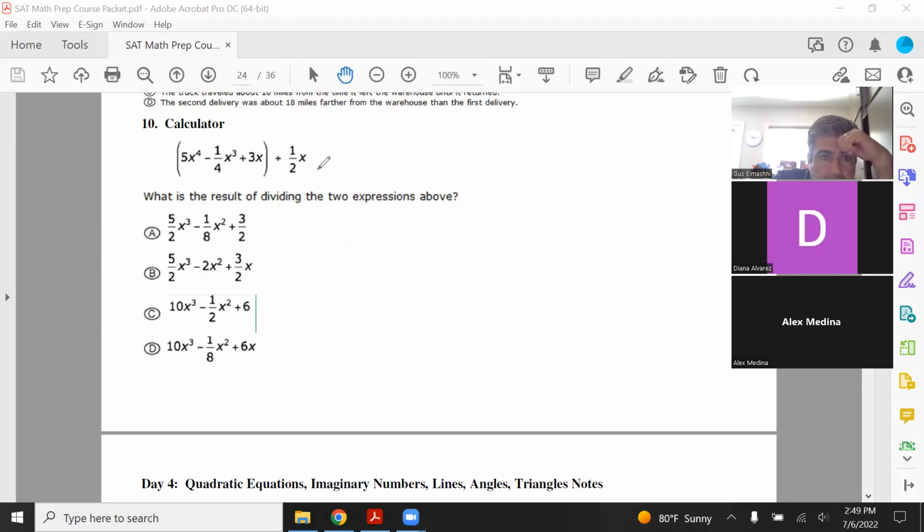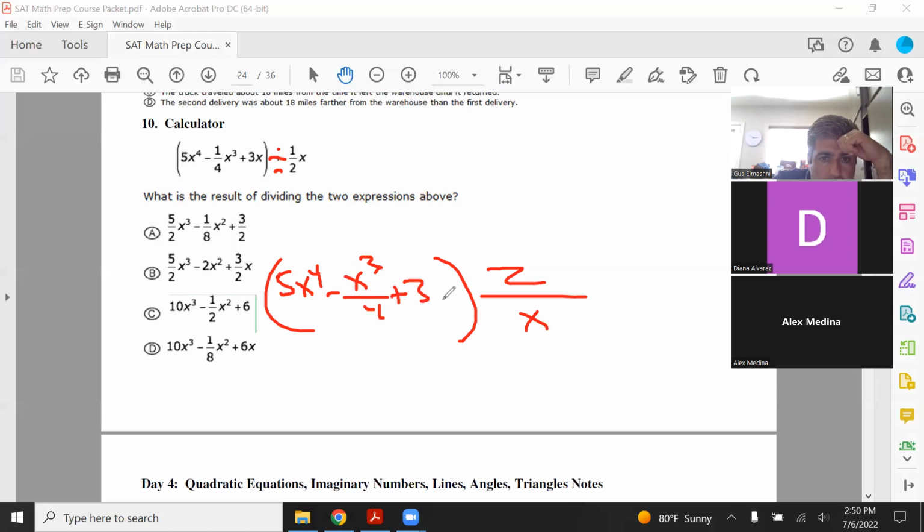So the last one, then we'll do some reading practice. I thought that was a plus symbol, but it looks like it's a division symbol. It's a little confusing. So he's got to flip that over. Right now it's x over 2, so it becomes 2 over x. And then you got to distribute. That's 5x^4 minus x^3 over 4 plus 3x.